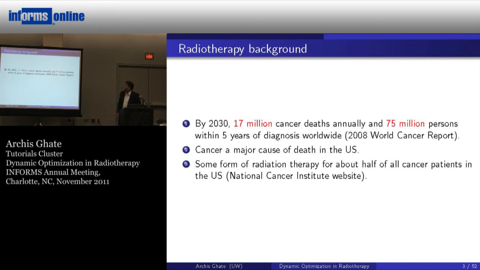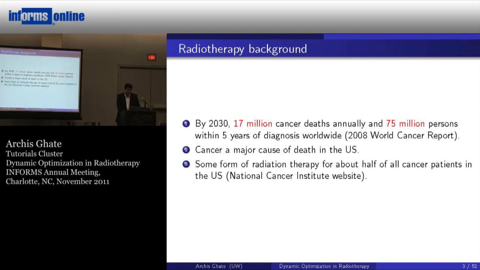Millions of people have cancer and will continue to have cancer all over the world. The World Cancer Report 2008 predicts these two numbers, 17 million and 75 million. In the US, I believe cancer is the second leading cause of death, second only to heart disease. So in the US also a lot of people have cancer.